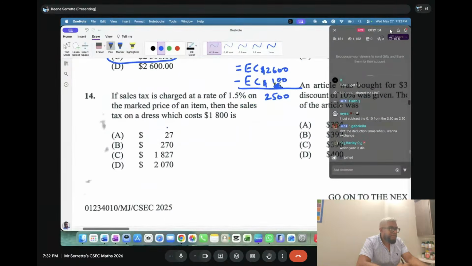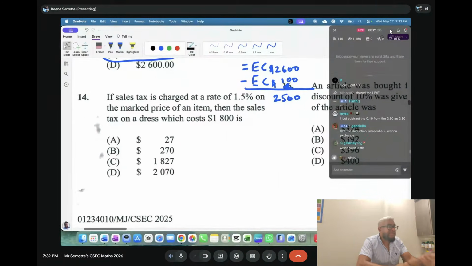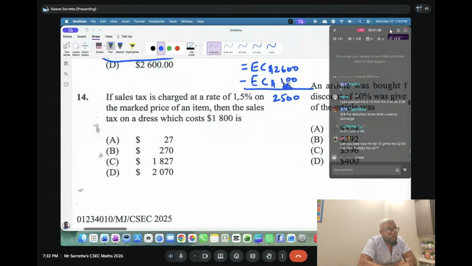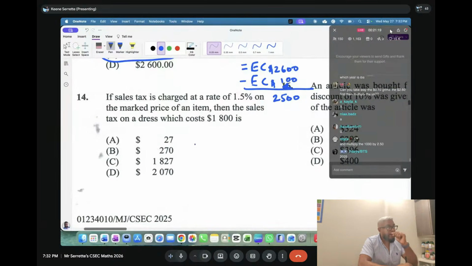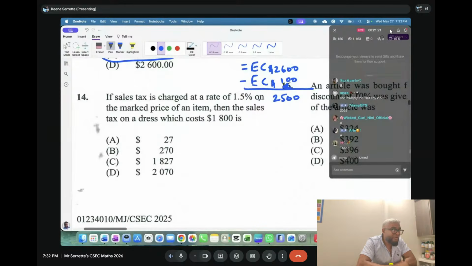13. If sales tax is charged at a rate of 1.5% on the marked price of an item, then what is the sales tax on a dress which costs $1,800? So the sales tax is 1.5% on the marked price.